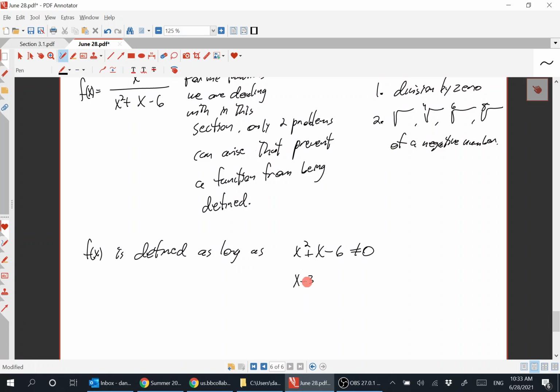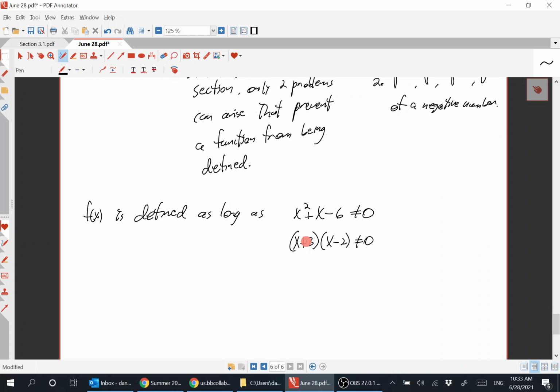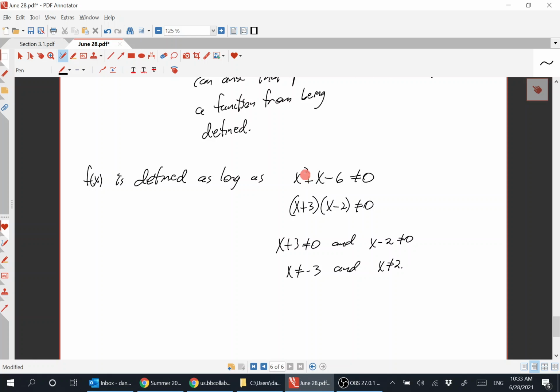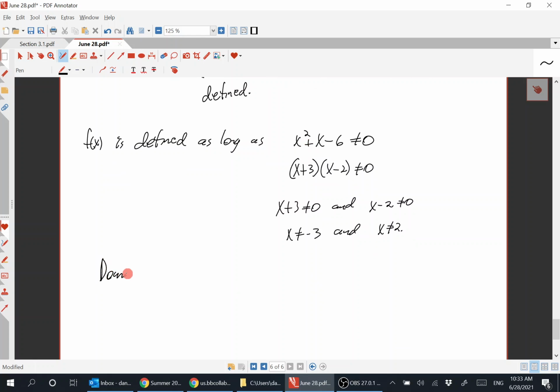So if we factor, if you want x plus 3 times x minus 2 to not be 0, you need that x plus 3 is not 0 and x minus 2 is not 0. In other words, x is not equal to negative 3 and x is not equal to 2. So the domain is all real numbers x not equal to 2 or minus 3.